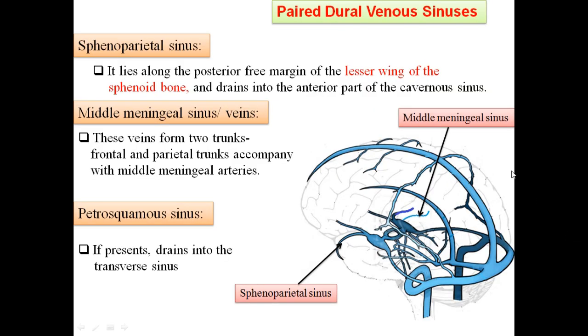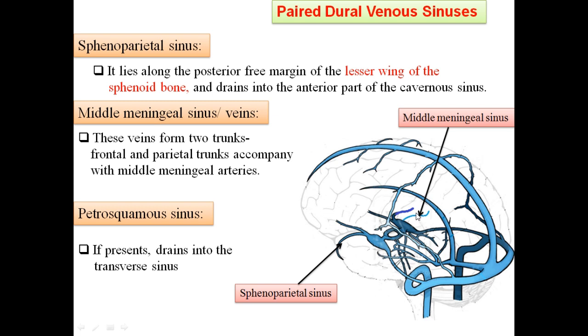And here the paired sinuses include the sphenoparietal sinus, which lies along the free margin of the lesser wing of the sphenoid bone and drains into the cavernous sinus. Middle meningeal sinuses also consist of two trunks, frontal trunk and parietal trunk.